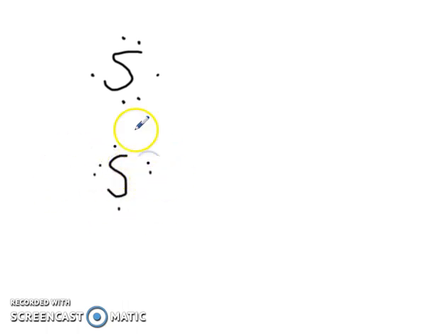So let's take sulfur. Sulfur has 6 valence electrons because it's in group 16. So we would do 1, 2, 3, 4, 5, 6. Notice I had 1 in each of those locations before I doubled up. Or we could do 1, 2, 3, 4, 5, 6. To be honest, I'm not too picky in terms of which ones you decide to double up.